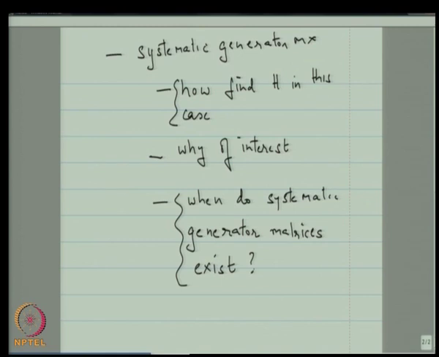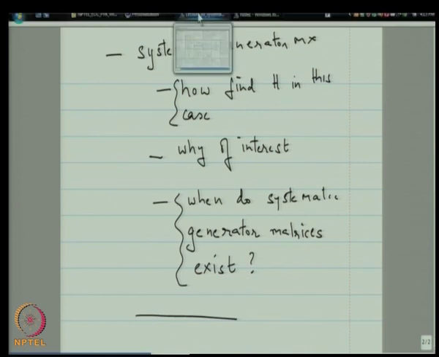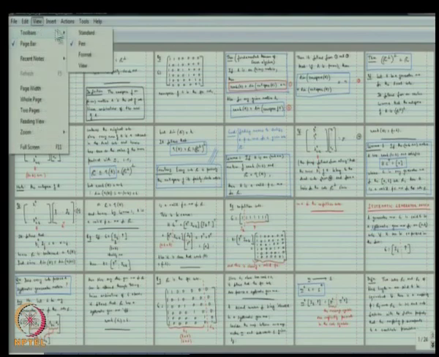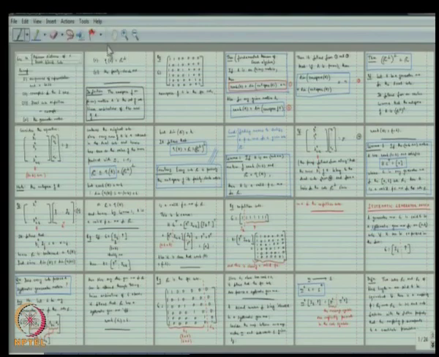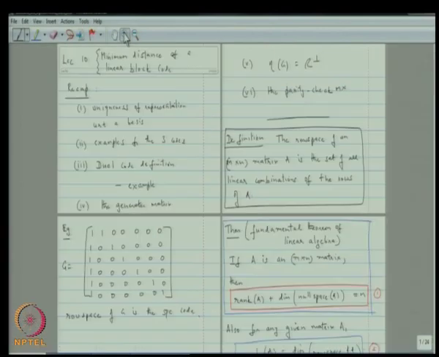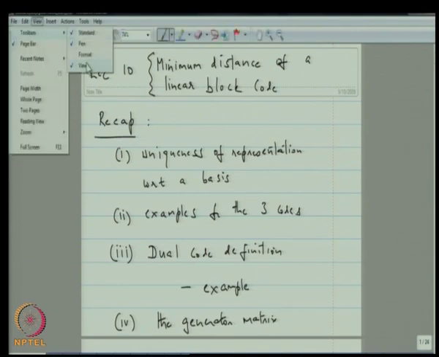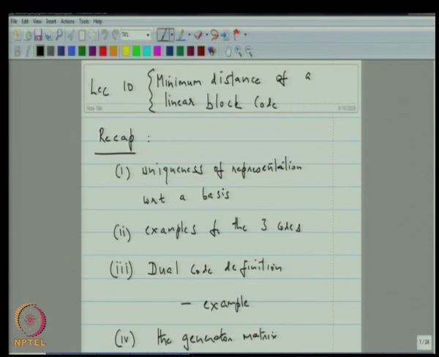Okay. So, this is about where we were, and as I told you, I am going to go back and change the title of our last lecture. So, we will rename it now, and again this is making use of technology.